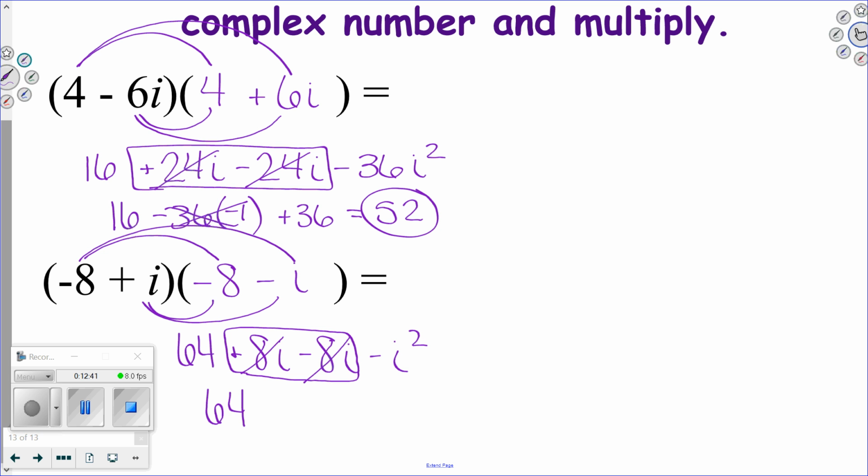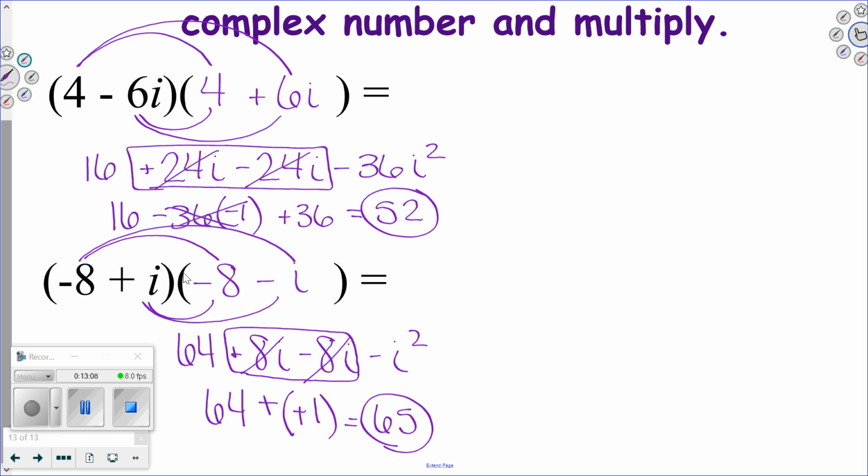I saw a couple people have trouble here. They're like, yeah, I know i squared is negative 1. Some people multiplied. This is 64 minus negative 1, which really becomes plus 1, which is 65. So just be careful. Saw a couple people actually end up multiplying on accident there.